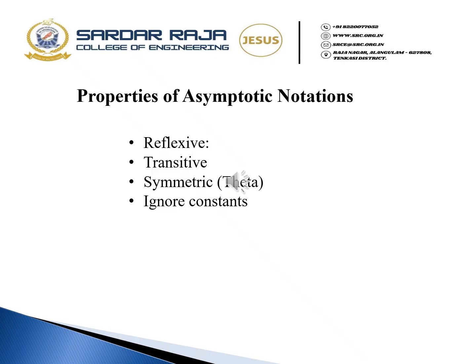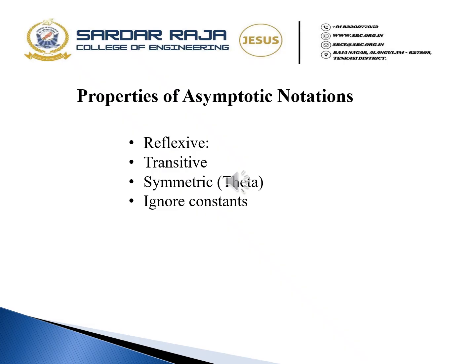These are the properties of asymptotic notation. First one is reflexive, then transitive, then symmetric, then the last one is ignore constant. Reflexive means a relation R is reflexive if every element is related to itself. Then the second one is transitive.